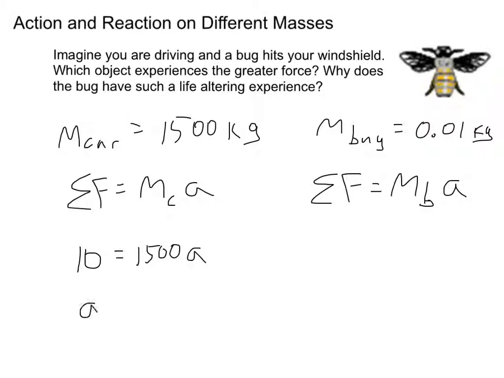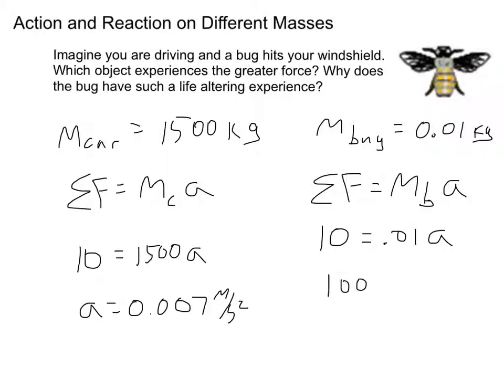It ends up having an acceleration of 0.007 meters per second squared. While the bug, Newton's third law tells us, experiences a 10 newton force as well, but with its mass of 0.01 kilograms, its acceleration ends up being 1,000 meters per second squared.